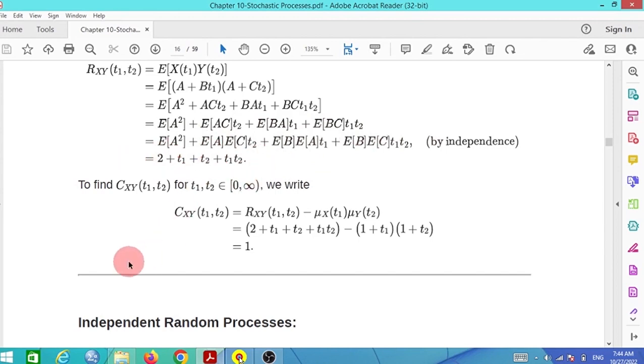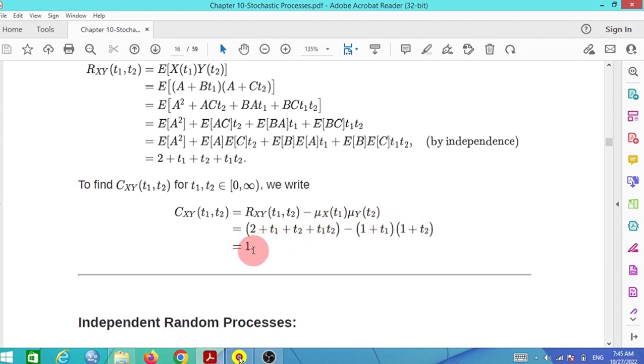Okay, use this calculation and calculate the covariance function. The covariance function is the correlation function minus the product of expected values. The correlation was calculated above, replace this value, minus the expected value of X, this value, and the expected value of Y, this value. Calculate above and simplify, and we reach 1.